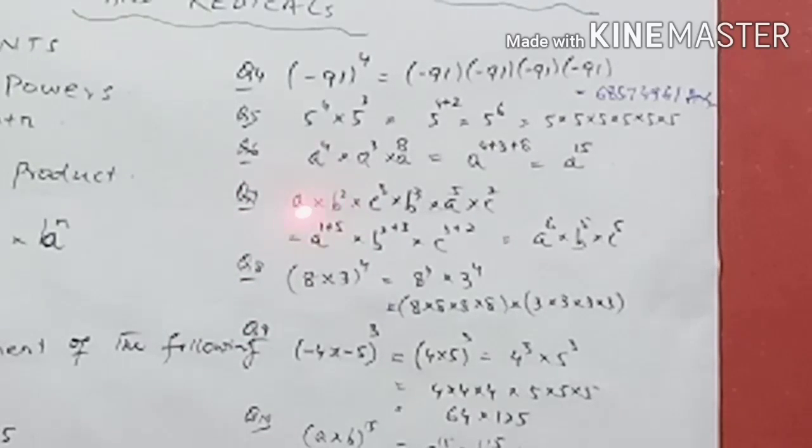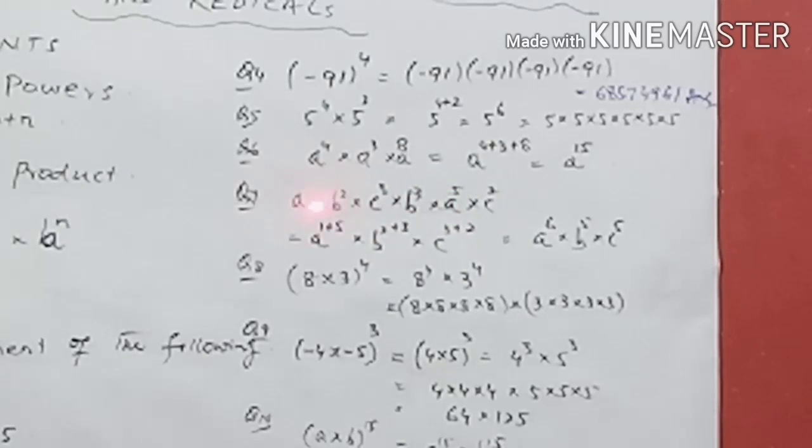A multiplied by B square multiplied by C power 3 multiplied by B raised to power 3 multiplied by A raised to power 5 and multiplied by C raised to power 2. That means all the same variables we write collectively.